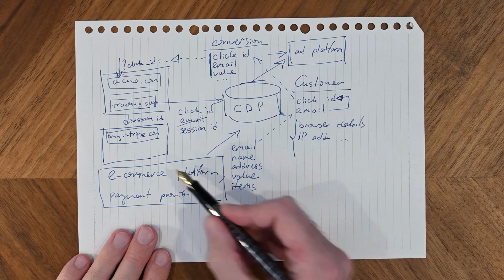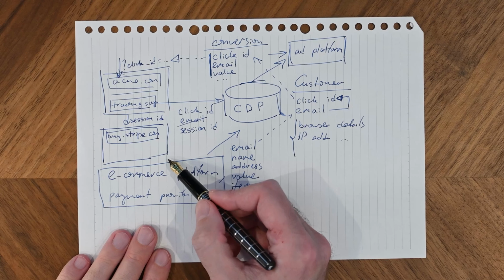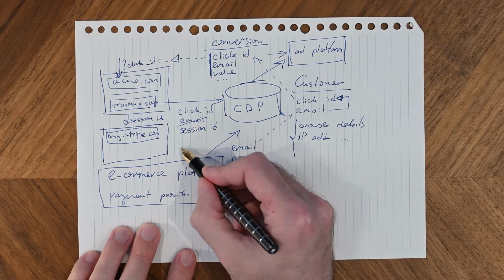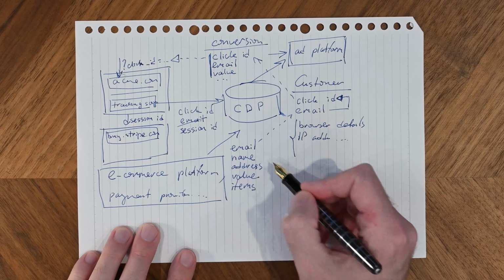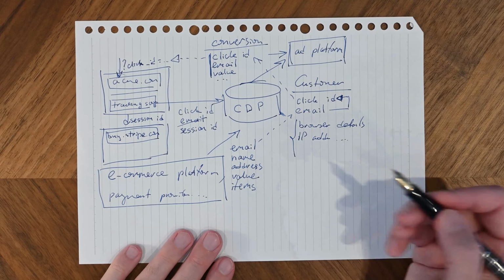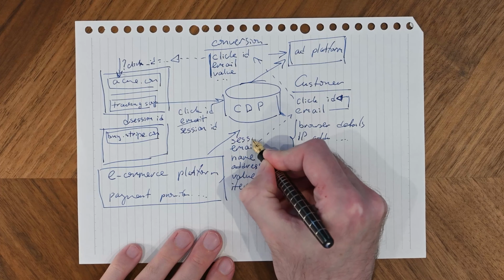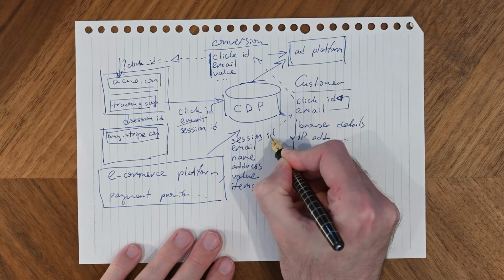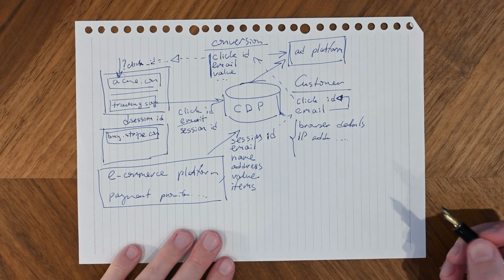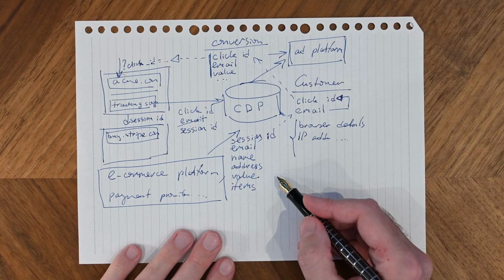So when a conversion finally finishes successfully in a third-party platform, it then sends a webhook back to the customer data platform that, instead of relying on email, relies on that session identifier, but also will have an email for enhanced matching, value, items, and so on.